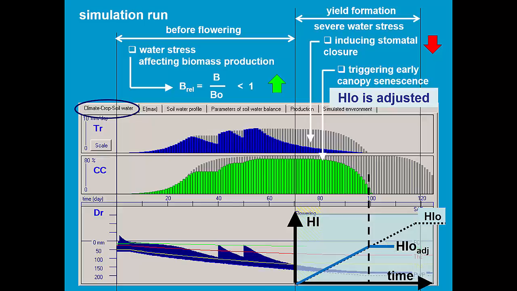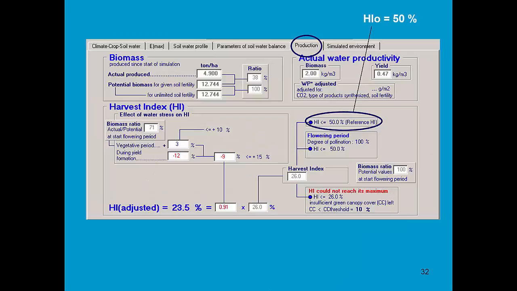Let's now have a look at the production tab sheet of the run menu. In the production tab sheet of the run menu, AquaCrop summarizes all the effects. First of all, the water stress before the reproductive phase resulted in a lower biomass production.